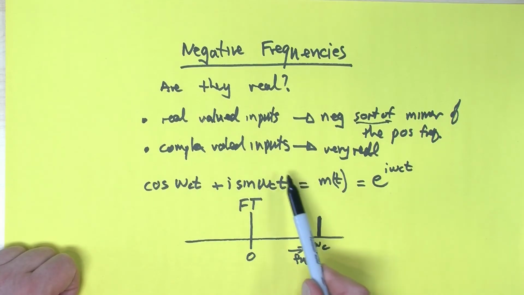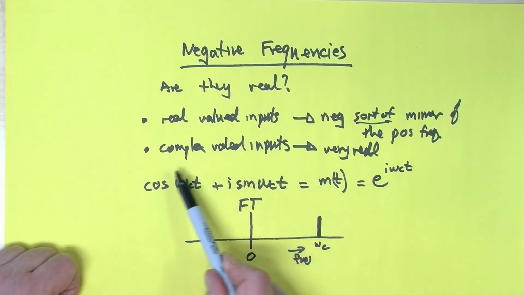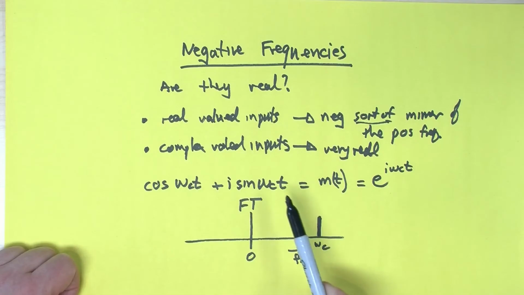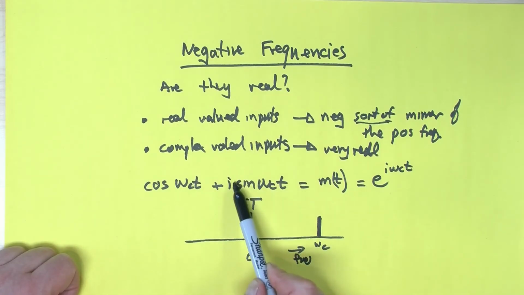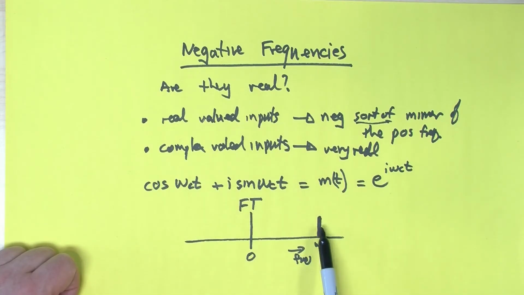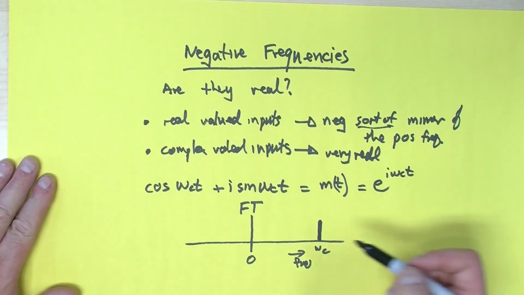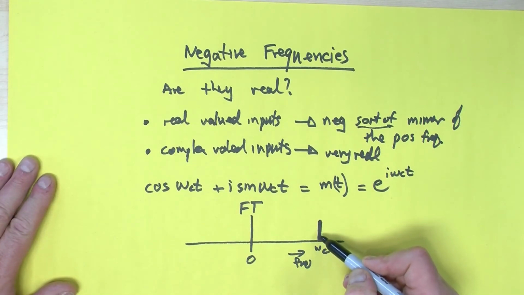And you can represent that very nicely, just as we've done here, just putting a m of t in front of these things. And you do end up situations where things on both sides of the spectrum are not identical at all. So they are real, and they do carry real information.